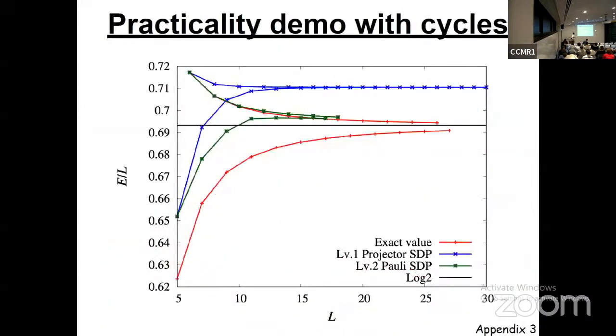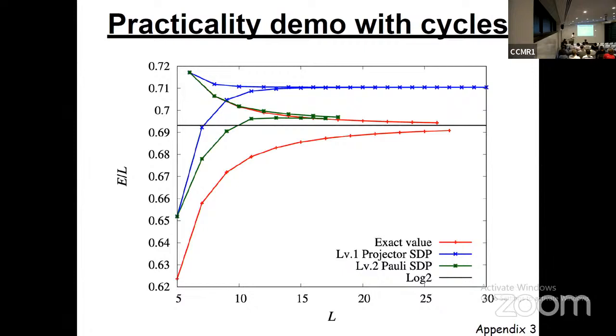Yeah, thanks for the question. So this actually, I think, almost exactly answers your question. This is the demonstration for the cycle cases. I'm plotting the energy versus system size here. The red line is the true ground state energy. And I have two lines because the even and odd cases oscillate, so I just draw two lines for even and odd cases.